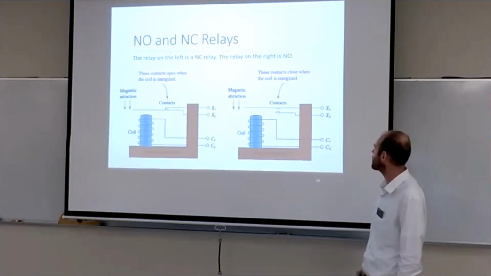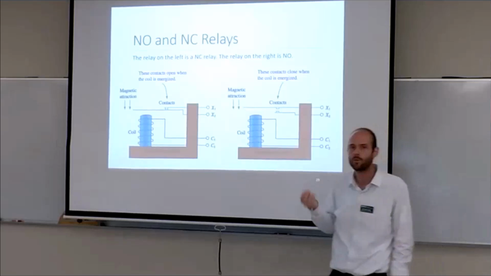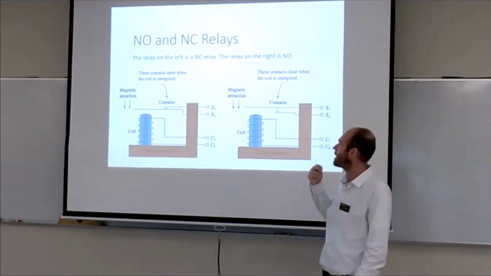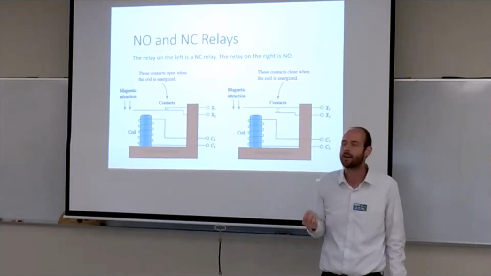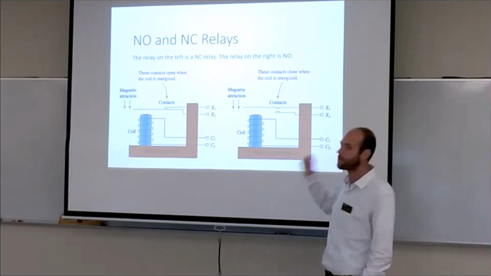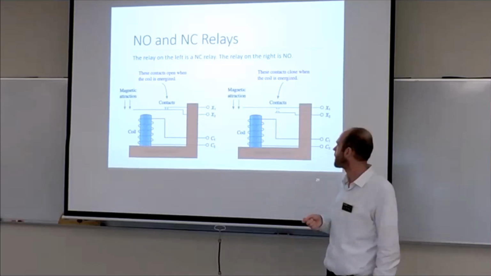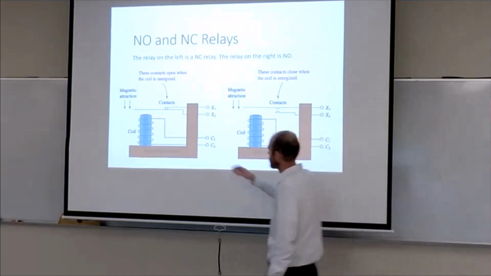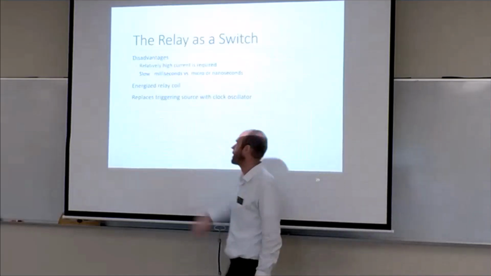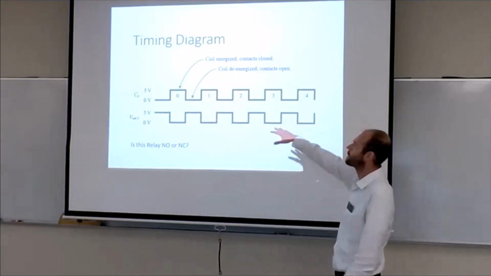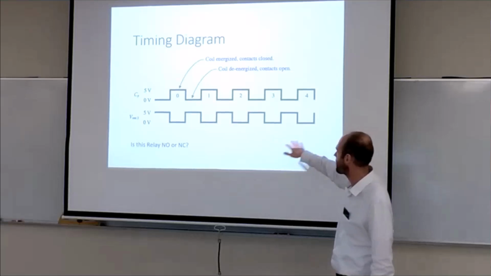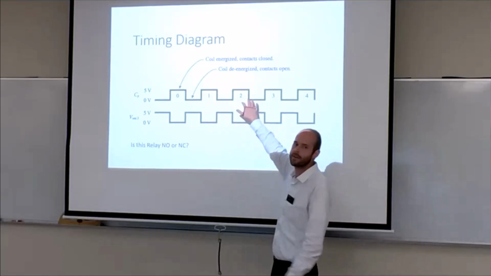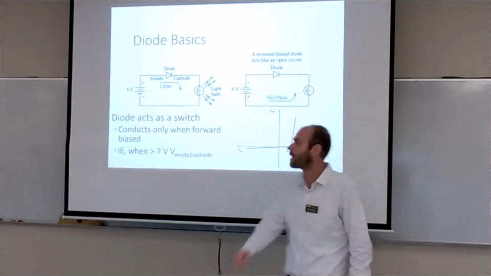And so the question on the screen is, is it normally open or normally closed? If when activated by the clock we lose the connection, normally closed. Yes, normally closed. So it sits in a closed state and then opens upon activation. It is what's being shown here. And so we have an output operation opposite of our clock signal.